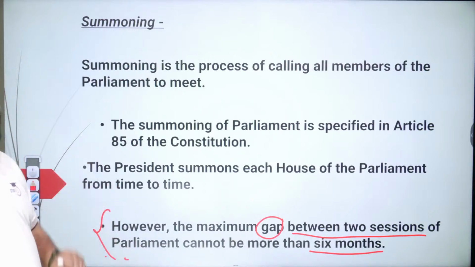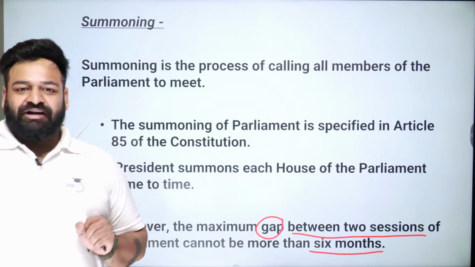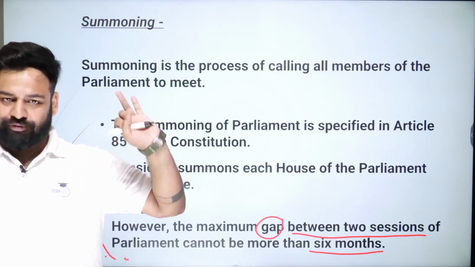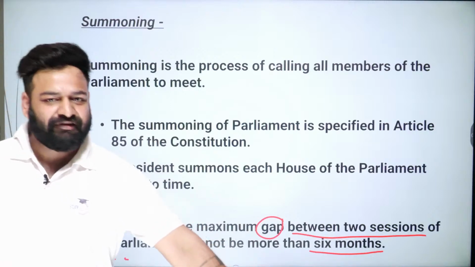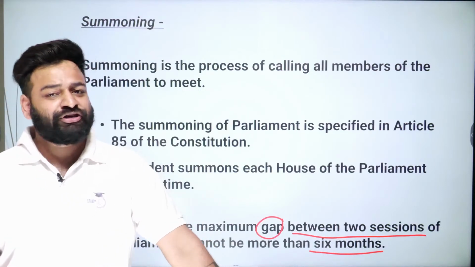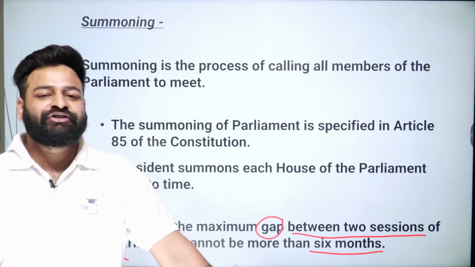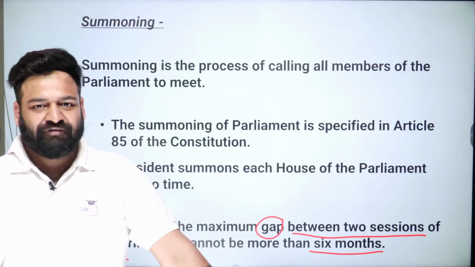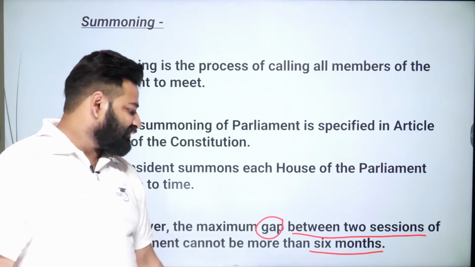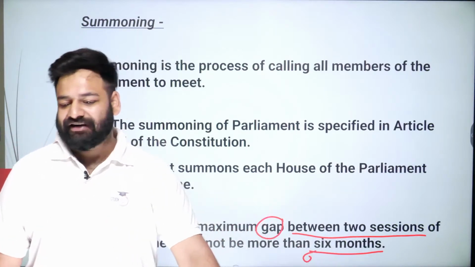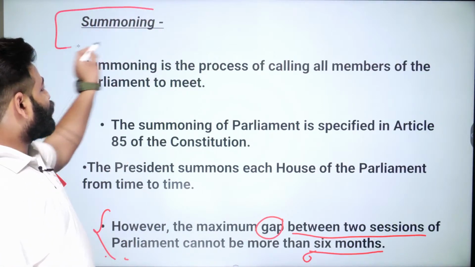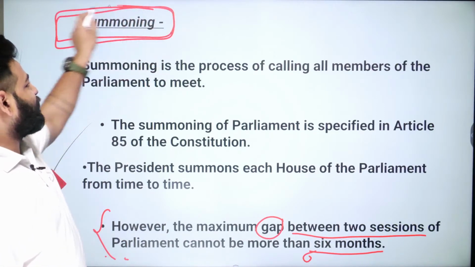Now how many sessions do we have? 3: budget, monsoon, and the last one being the winter. Is it mentioned in the Constitution? Once again, no. The Constitution is saying that the gap between one session and another should not exceed 6 months. That's it. Now, who is entitled to summon the parliamentary session?